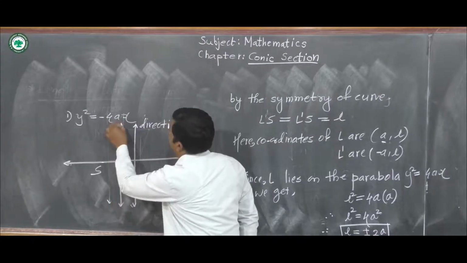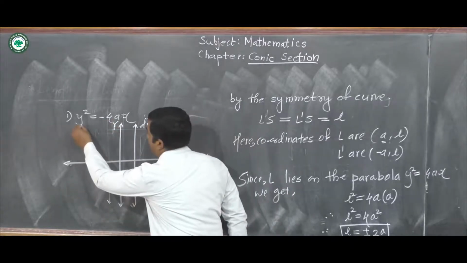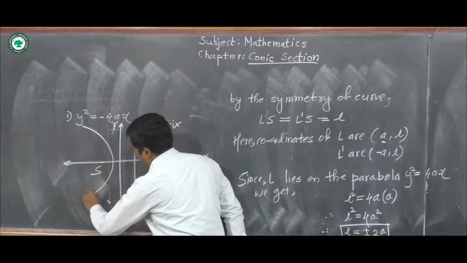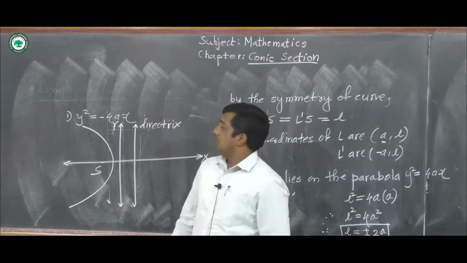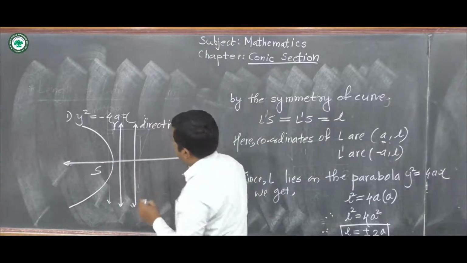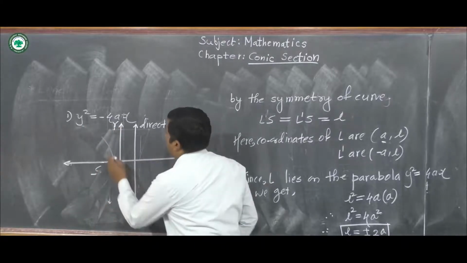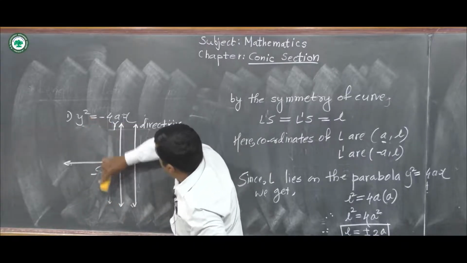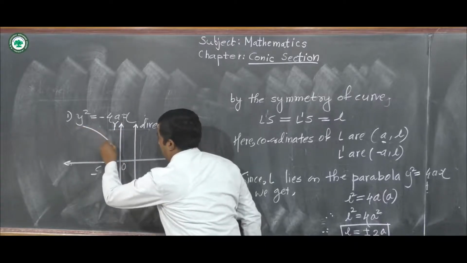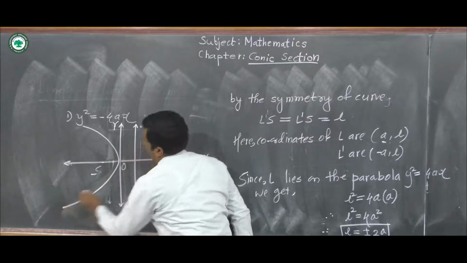This is our y-axis. Then we consider one parabola like this. This is our parabola. I repeat, here we consider one parabola which passes through the origin, like this.